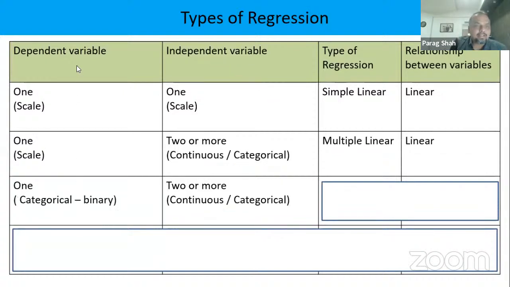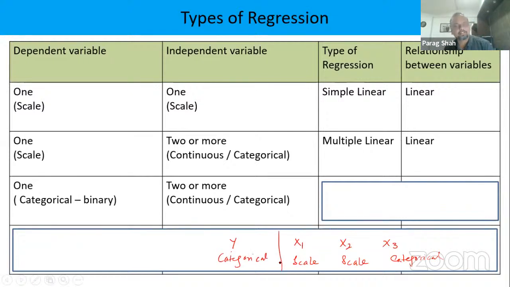Now, if the independent variable is okay, scale and all, but the dependent variable y, I'm putting the points again over here, x1, x2, x3. x1 is scale, x2 is scale, this is say categorical, and Y is also categorical. I'm sure all have not used this kind of thing.